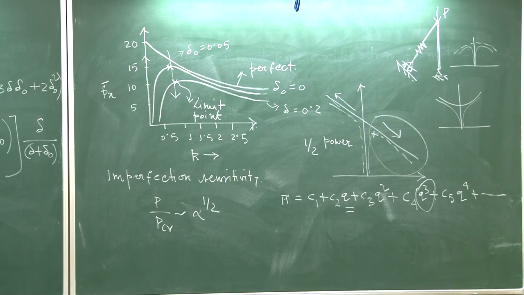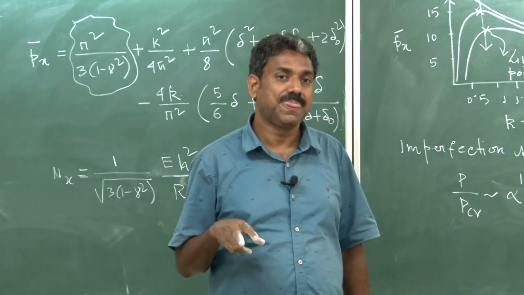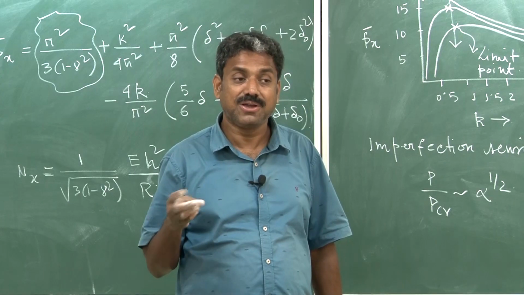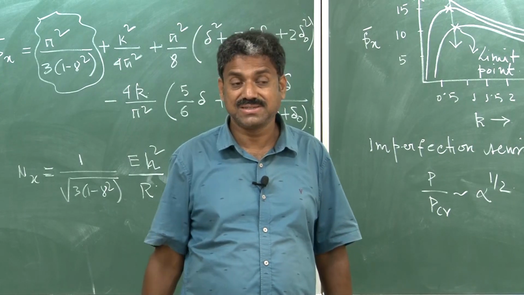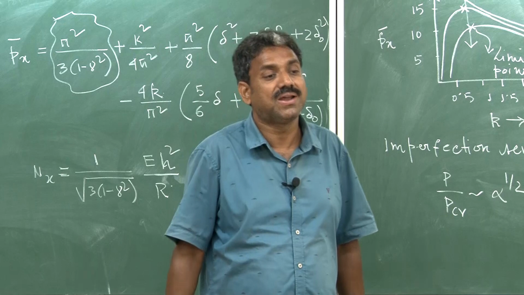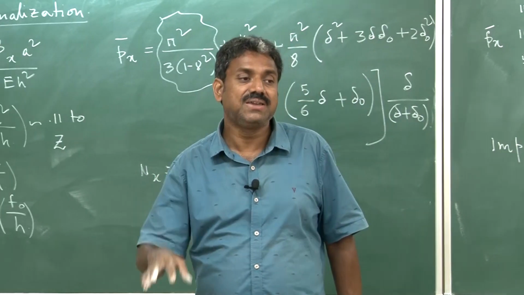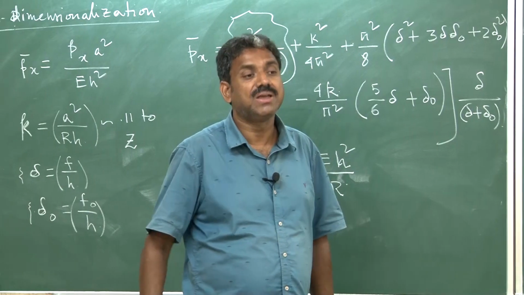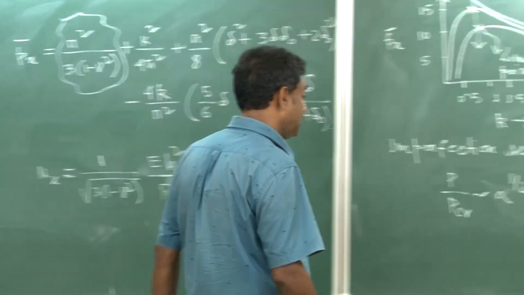I have shown you using a simple column, the Augustus column, interacting column, where if two modes are interacting and coupled, then individual modes may be imperfection insensitive, but because of the coupling they will become imperfection sensitive. So, that reduces the load further. This kind of cascading effect happens, and that is the key to the imperfection sensitivity of the shell. These are important.